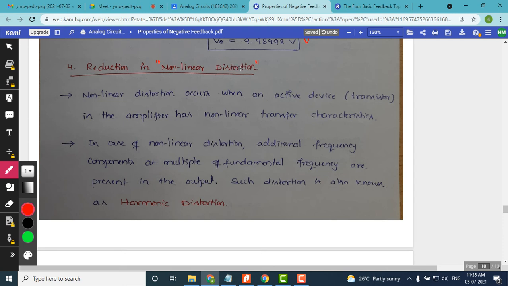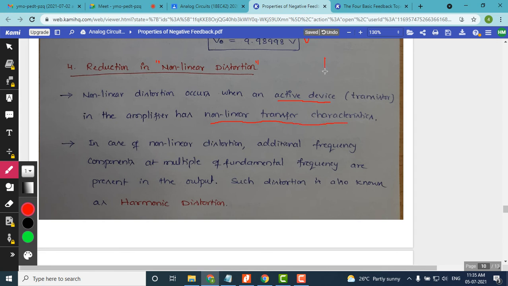But even when it is visible, you should see the source of the distortion, where the distortion has come from, whether it is from the active device or from any other device. Basically the active device, BJT or FET, is non-linear in nature.